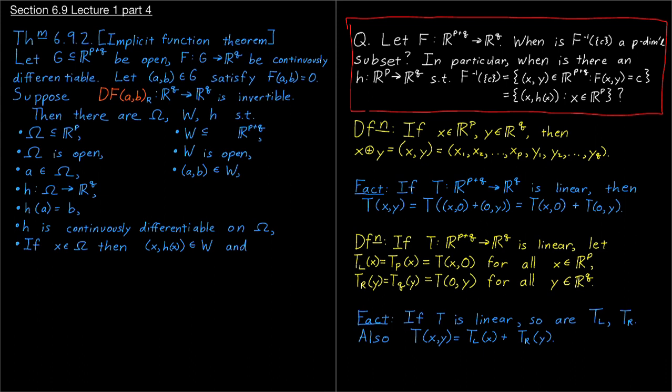And I suppose I really want to specify that W is a subset of our open set G where F is defined, which implies this thing I said, that it's a subset of R^(p+q), but is more specific than that.